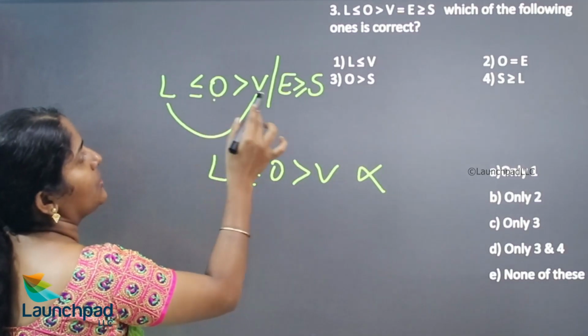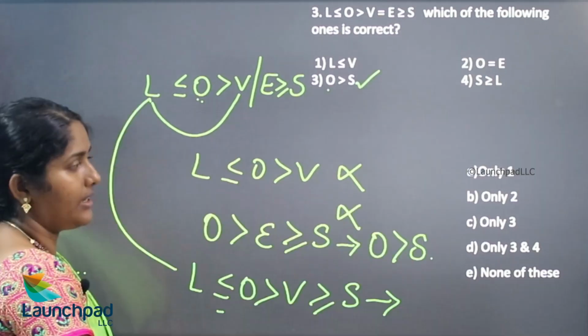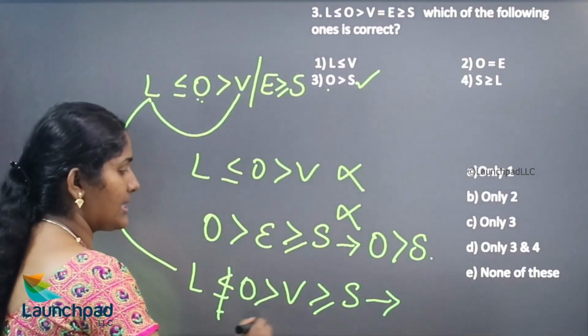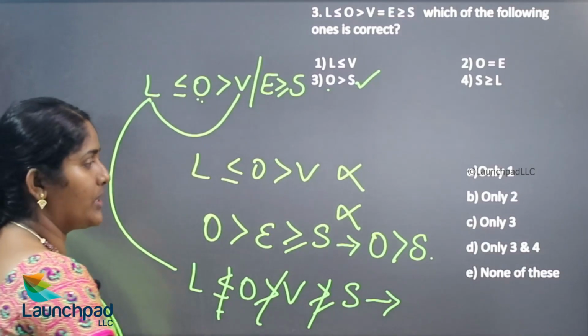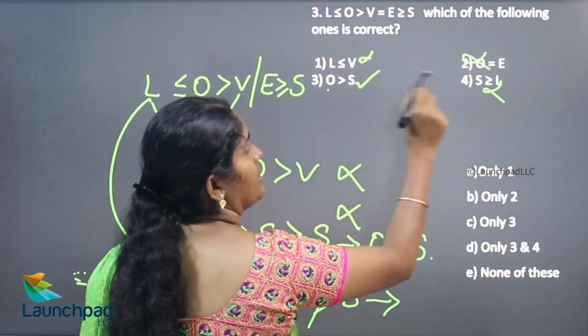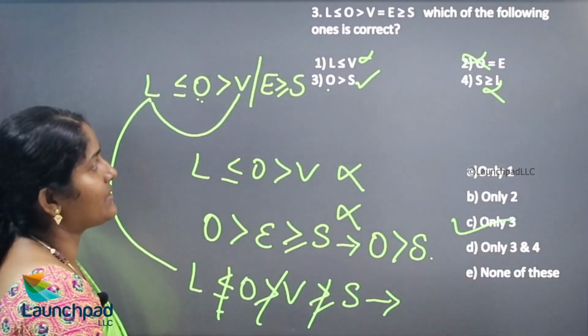O is equivalent to V. No. Here S greater than or equal to L. Is there any common symbol? No. Hence it is wrong, and one is wrong. Only 3 is true. We'll move on to your next question.